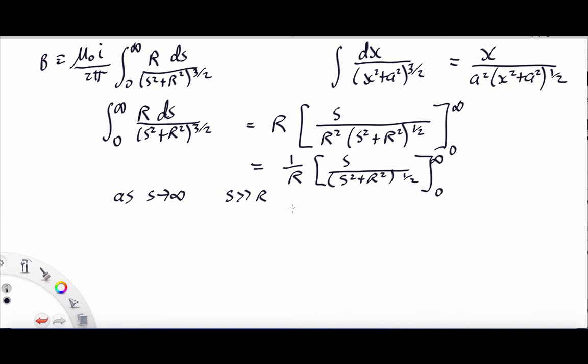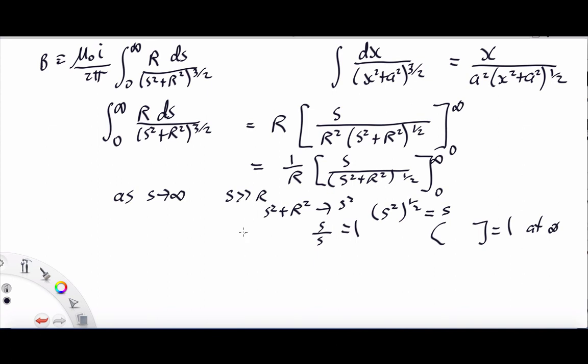S is now a lot bigger than R, so s squared plus R squared approaches just s squared. Then we have s squared to the 1/2 at the bottom there, which becomes s. So then we have s over s, which is 1. So that quantity in the brackets equals 1 at infinity.